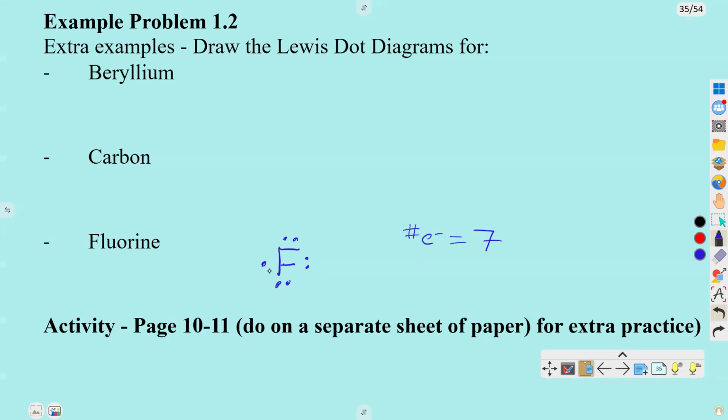Some people like having that 1 lone electron at the bottom, and so they'll actually start here. They'll go 1, 2, 3, 4, 5, 6, 7, and then leave the single electron at the bottom. Honestly, it really doesn't matter for fluorine because you're going to have the rest of the 3 be lone pairs, just 1 valence electron.